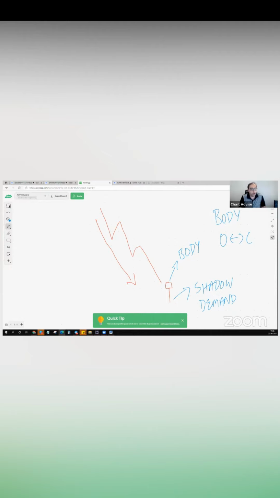So now when the body is small and you have a long shadow beneath the body, it indicates that there has been some buying emerging here, which is pushing the prices up. So all these things indicate that there could be a potential reversal to the upside.